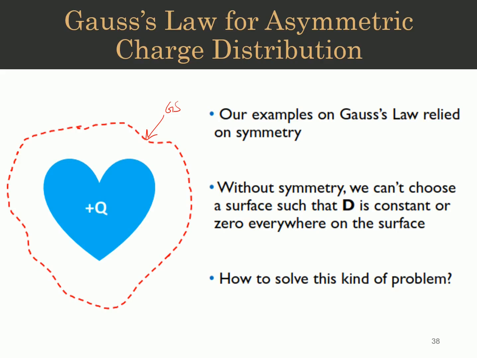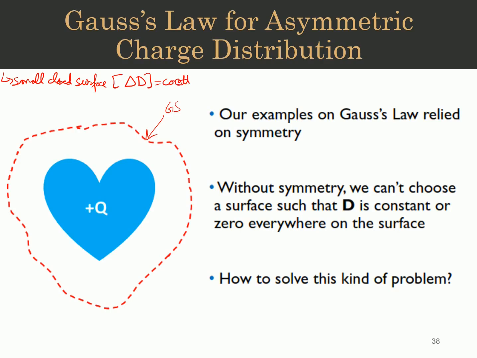So in order to do the asymmetric analysis, we will start by choosing a very small closed surface, that will be represented by, let's say, a differential operator, and the value of D will now be constant in that small area.